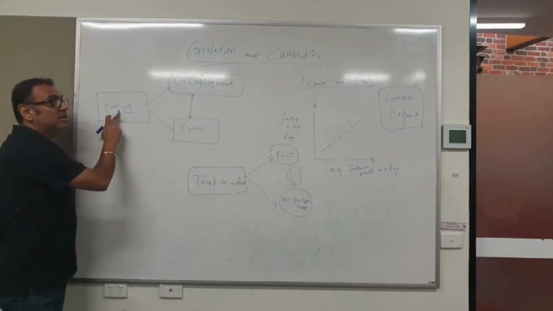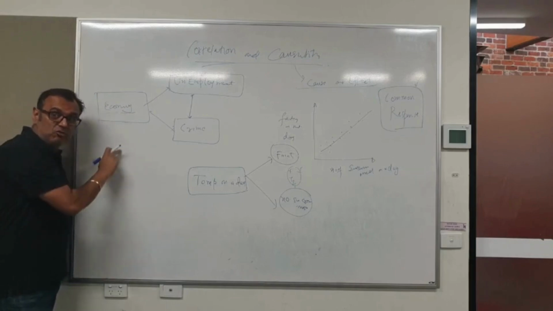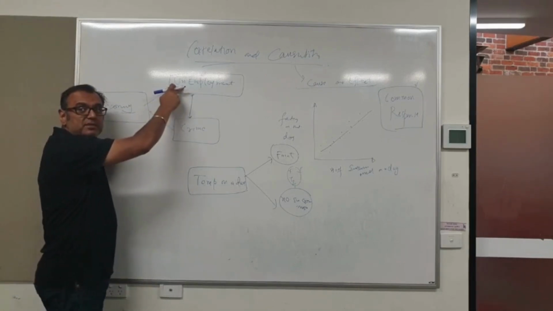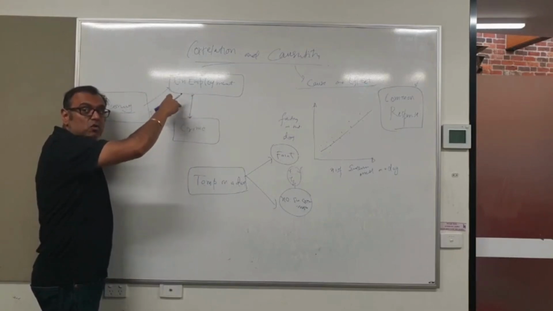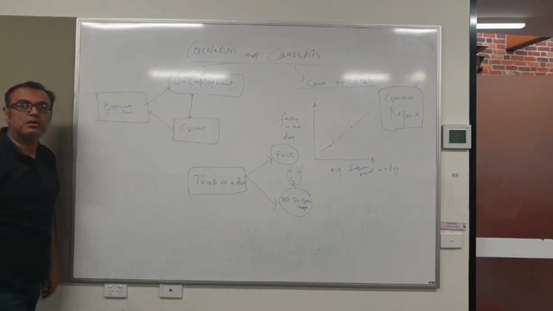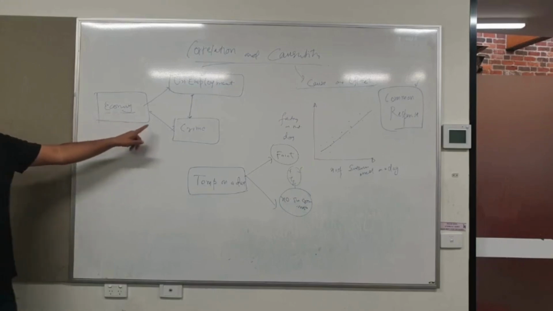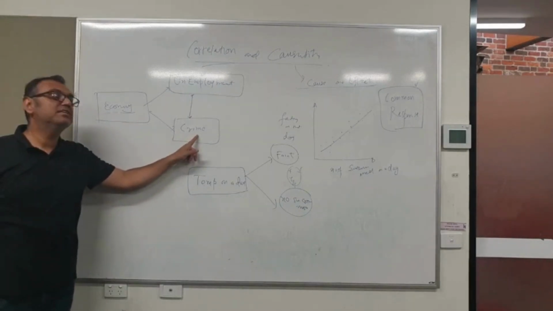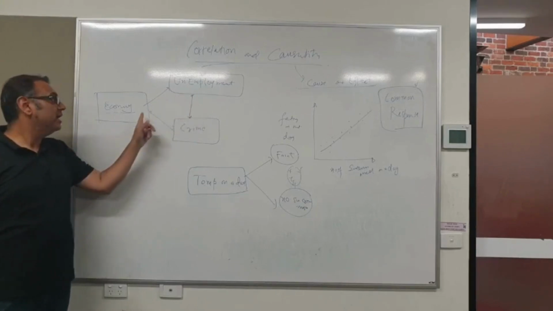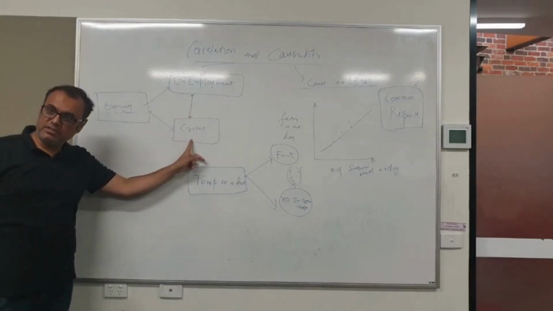If the economy goes down, the unemployment goes up, and hence the crime goes up. So economy can directly be associated with unemployment, and economy can directly be associated with crime.